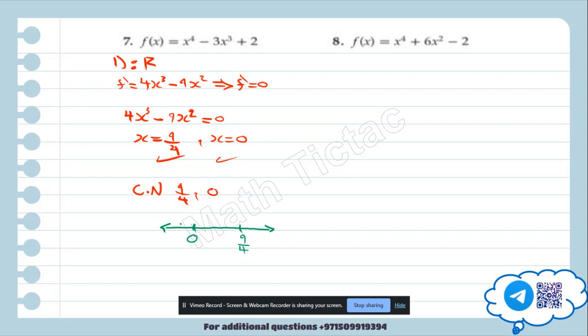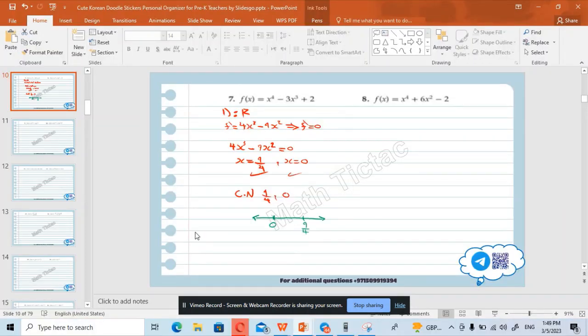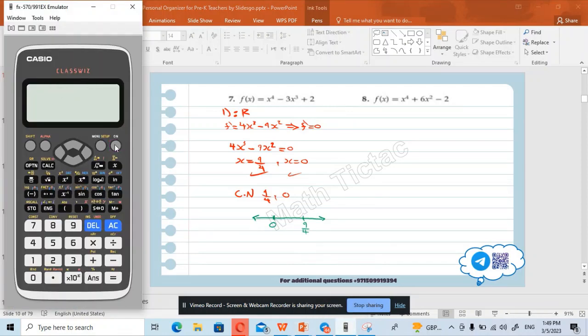Then I will substitute values less than 0 in the derivative, values between 0 and 9 over 4 in the derivative, and values greater than 9 over 4 in the derivative, just for testing whether the result is positive or negative. So let's go directly, also using the calculator. Again, I'm substituting in the derivative. So I will write the function, back in the original mode.